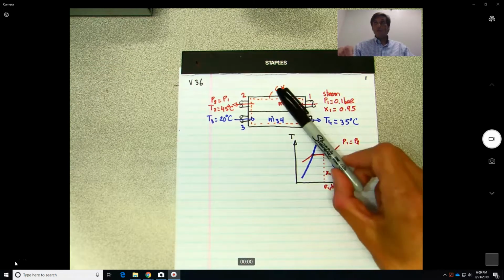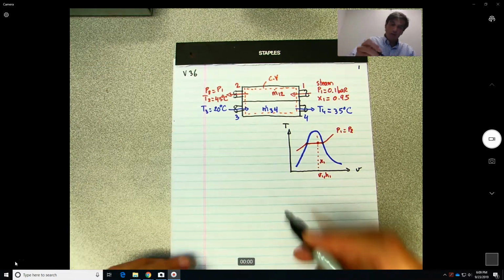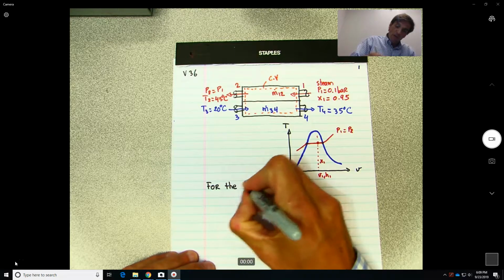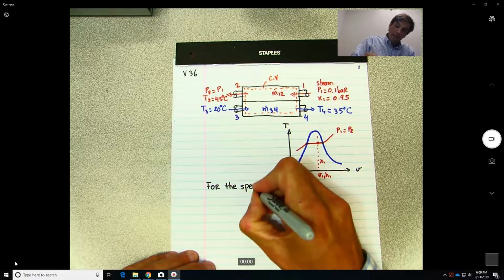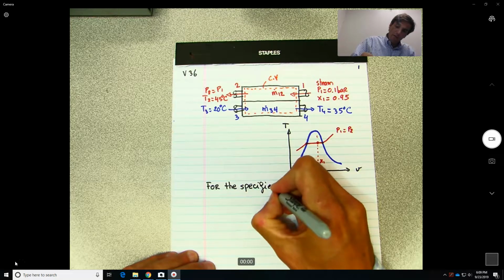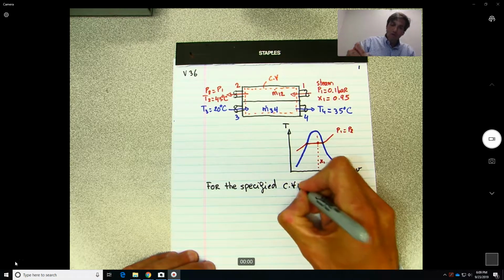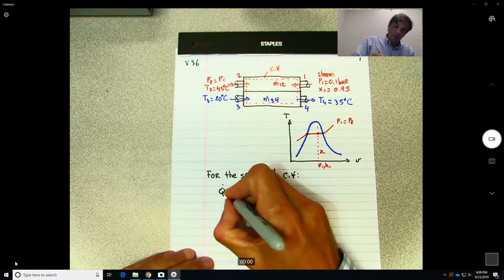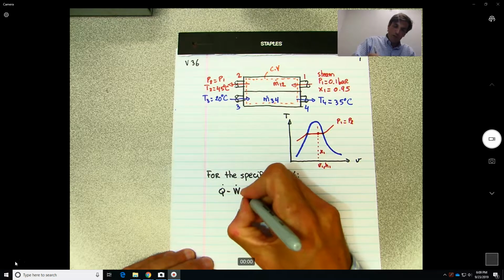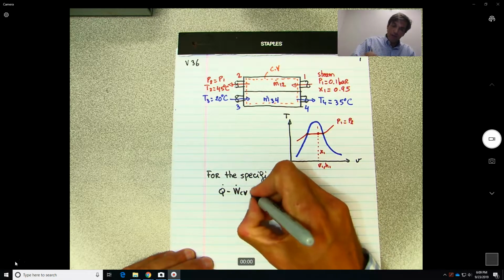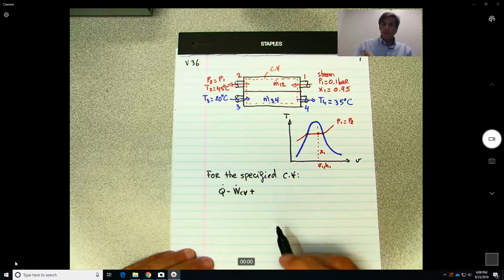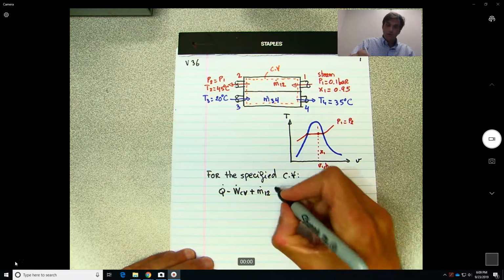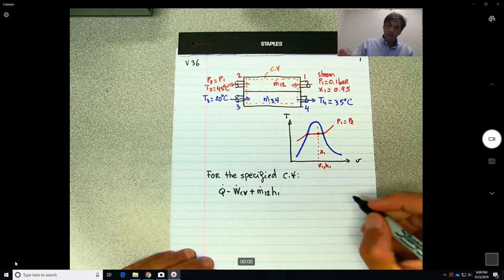So for the specified control volume, what do we have? Heat transfer minus power to control volume plus whatever is going in, which is what? M12 H1.